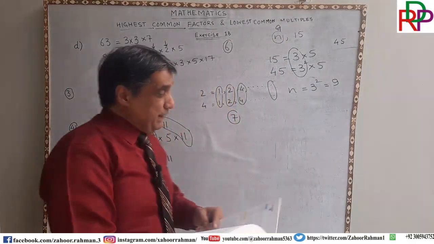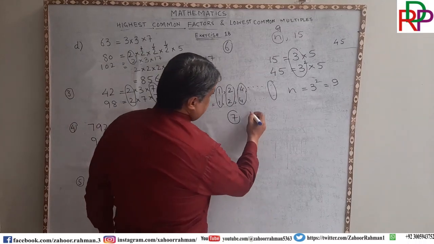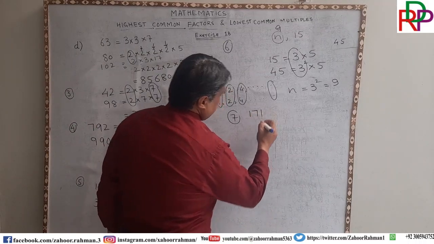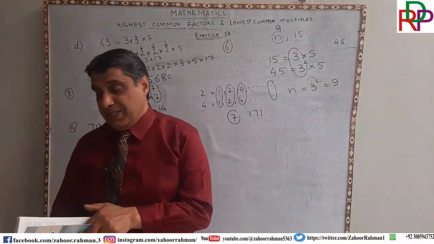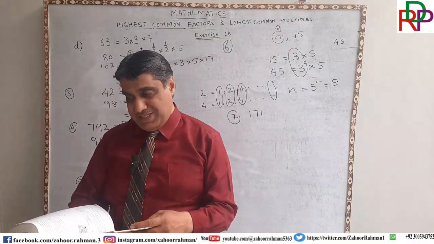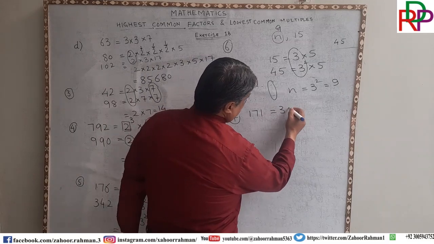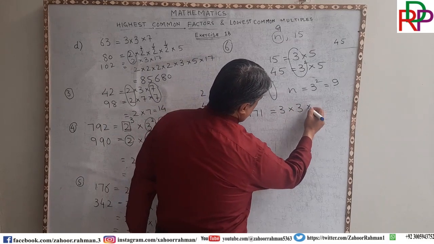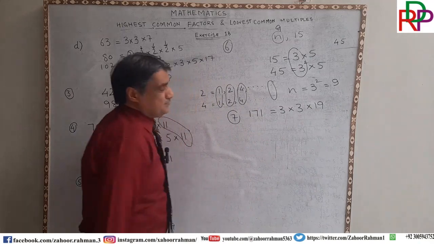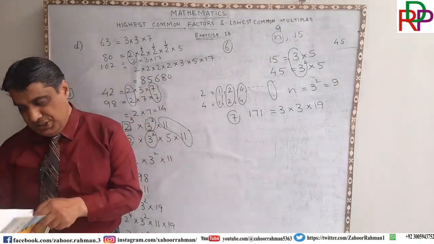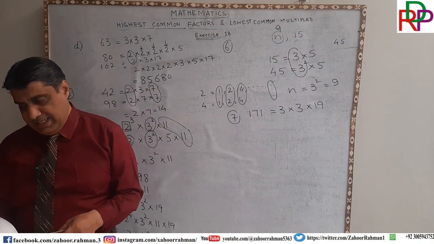So pens are 171, and 171 is 3 into 3 into 19.